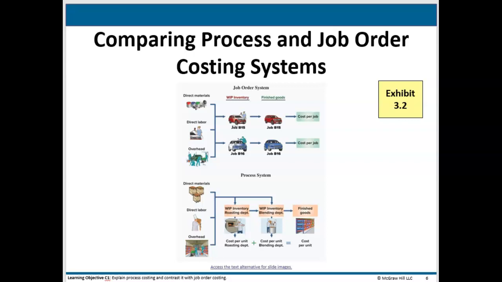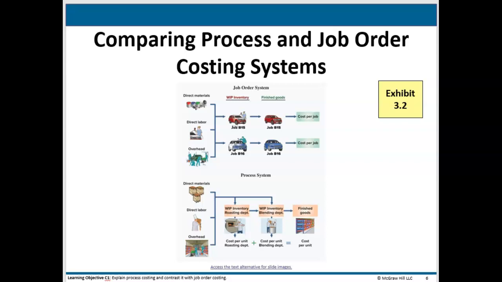And so you can see how they're different. So some of the other differences we have here are cost object. The job order system, the cost object is a job or a job lot. The process system, the cost object is the process or the department.